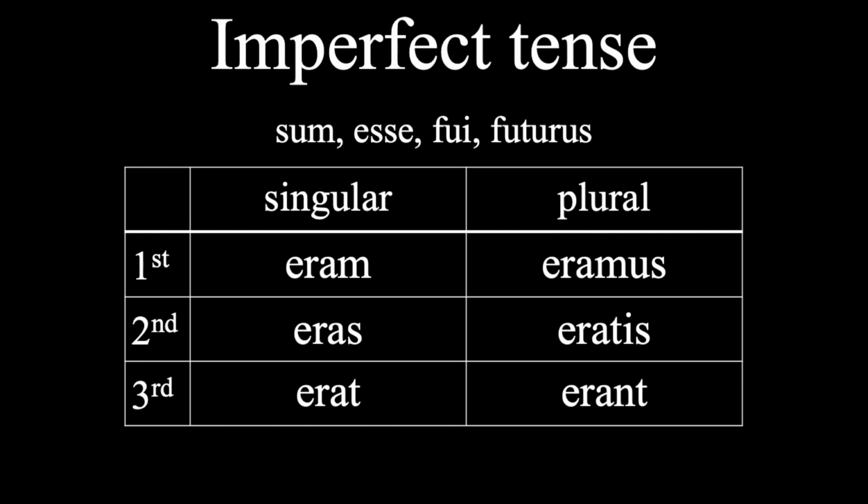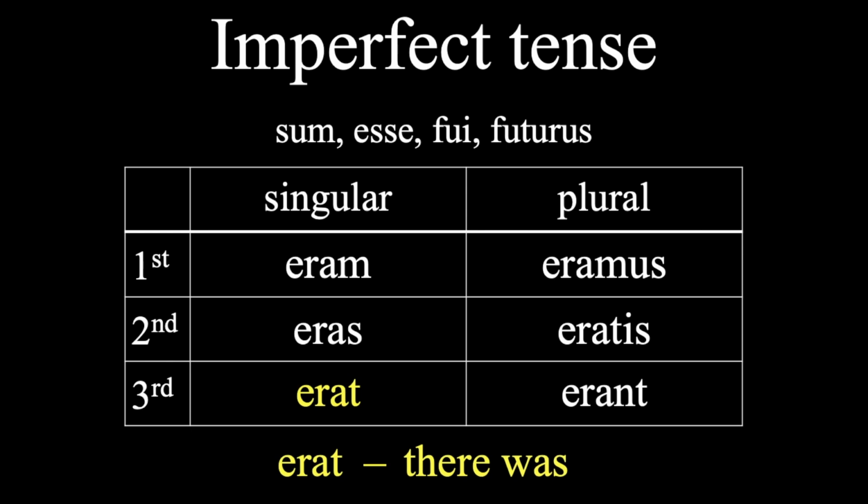In English, for eram, we'll have I was. Eras means you were. Erat is going to be he, she, or it was. Or it could also be there was, if that happens to make more sense in the context.